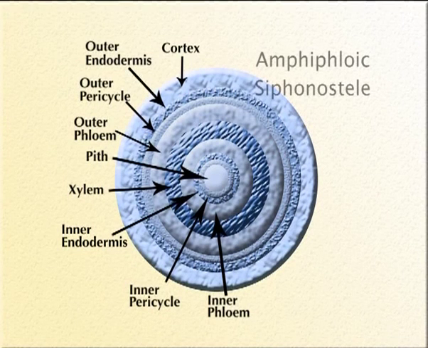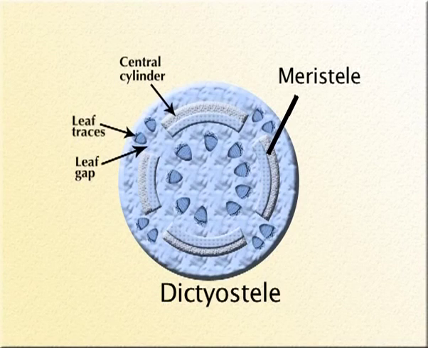Such a stele is called an amphiphloic siphonostele. It may be cladosiphonic or phyllosiphonic. The phyllosiphonic amphiphloic siphonostele with only one leaf gap at the node formed amphiphloic solenostele. In case the leaf gaps overlap, the resultant stele is called the dictyostele.